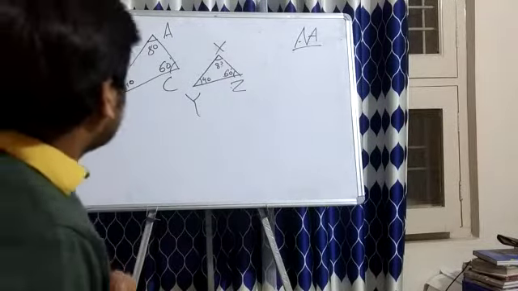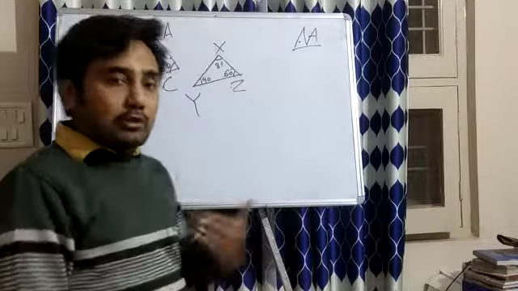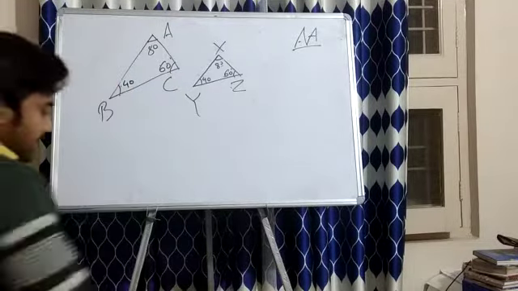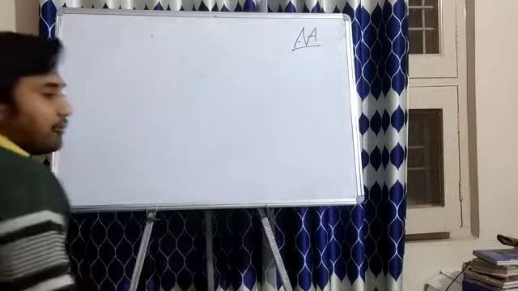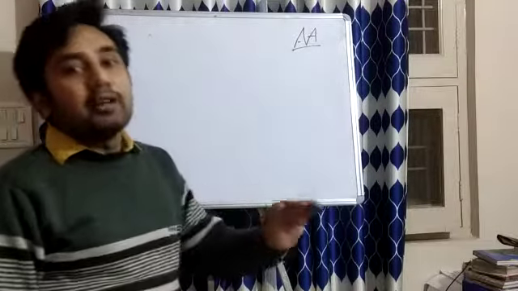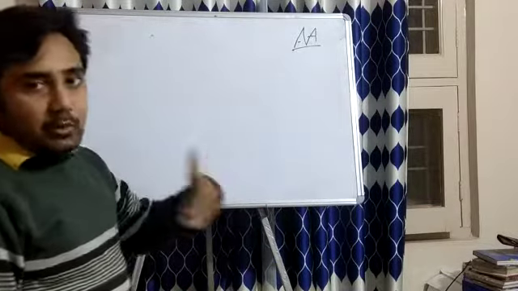Now from the very last video, we also know that the ratio of the corresponding sides in similar triangles is equal. If the ratio of the corresponding sides is equal, then those triangles are similar.